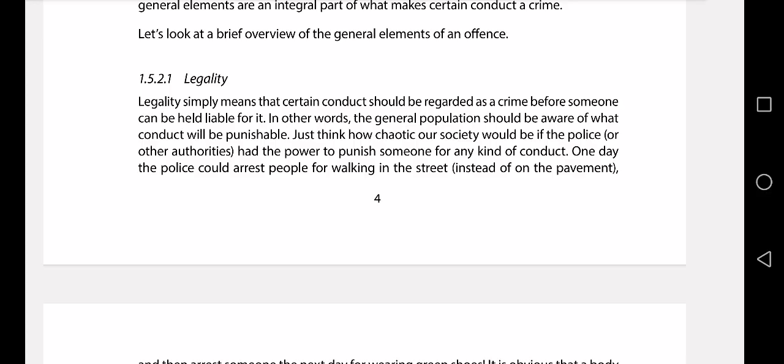It is obvious that a body of rules should exist to limit any authority, such as that of the police, from acting in a random way. It is important that a body of rules should exist so that people in a society may know what is acceptable and what kind of conduct will carry a penalty.